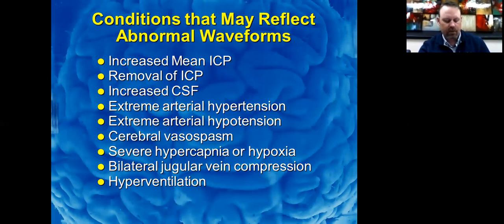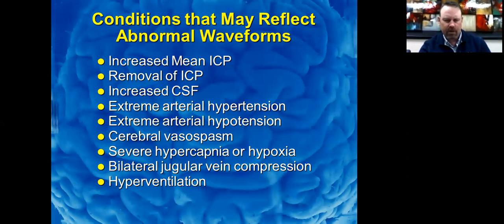Extreme arterial hypertension, you're going to see P1 amplitude increase, not much P2. As extreme arterial hypotension occurs, you see mean ICP decreases, amplitude decreases, especially P1. Cerebral vasospasm, decrease in all components of the waveform.